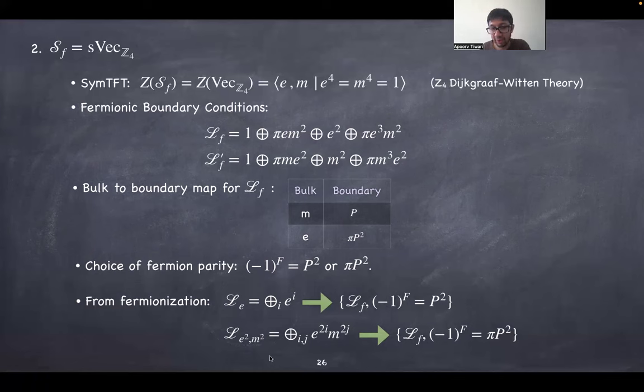However, the second choice of fermion parity, which is pi P squared, came from fermionizing some Z2 symmetry inside a symmetry category that has an anomalous Z2 times Z2 symmetry. And that's precisely the symmetry that this boundary carries. So these 2 are the bosonic duals of these 2 choices.